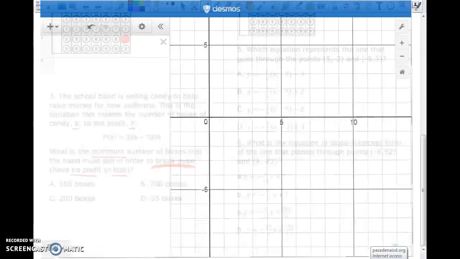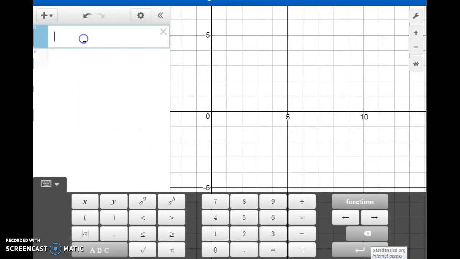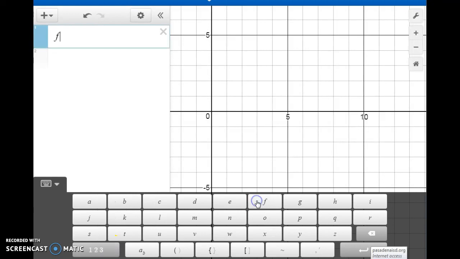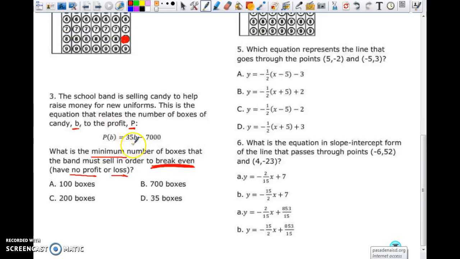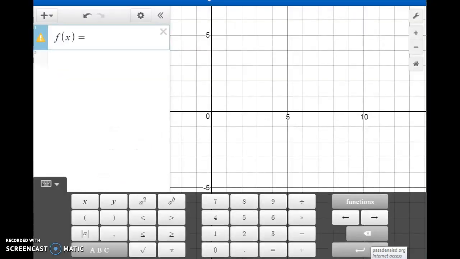I type in f of x is equal to 35X minus 7,000.